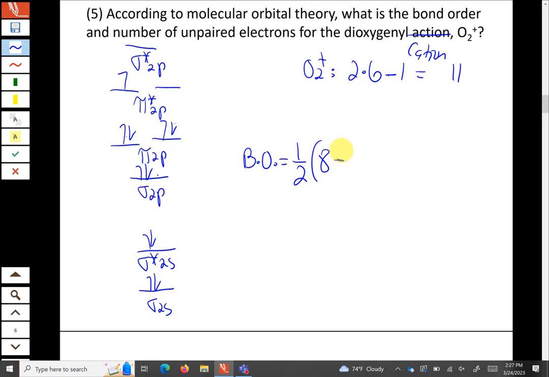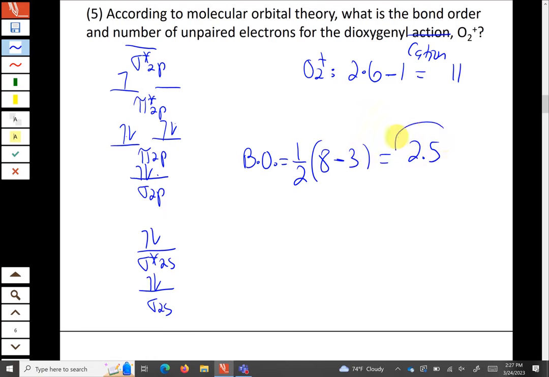And then the number of anti-bonding electrons is going to be those 2 there in sigma star, that's 2 antibonding electrons, plus this last one up here, which was in pi star. So 3 of those 11 electrons are antibonding. So it's going to be 1/2 times 8 minus 3, which comes out to 5/2 or 2.5.